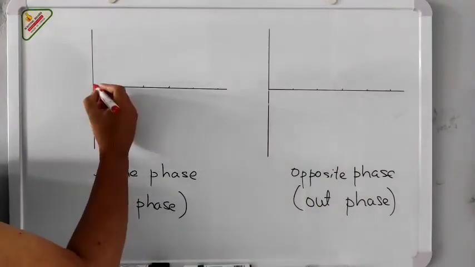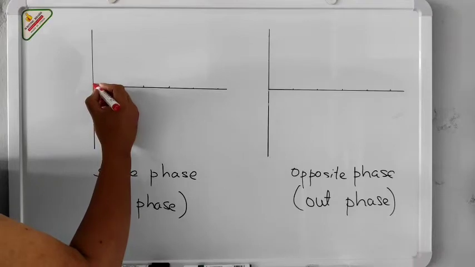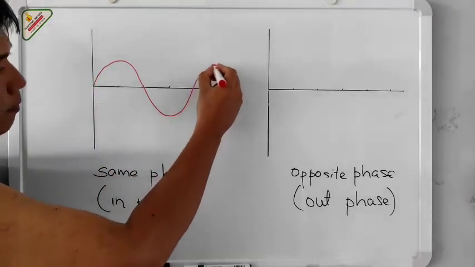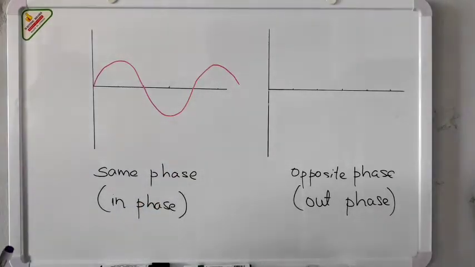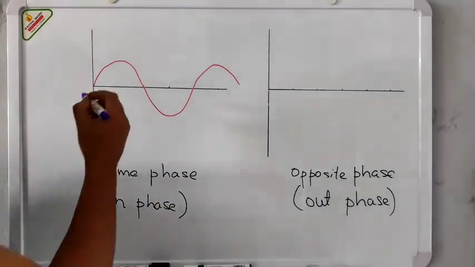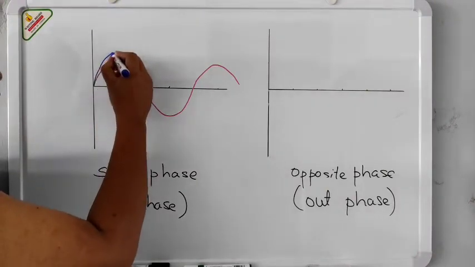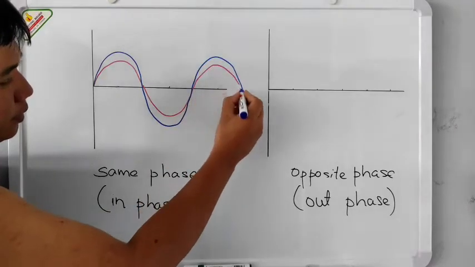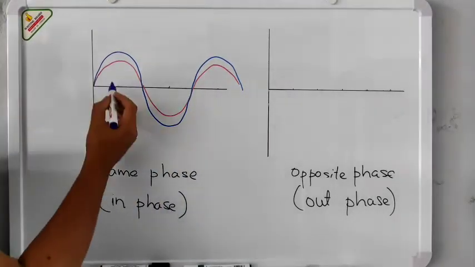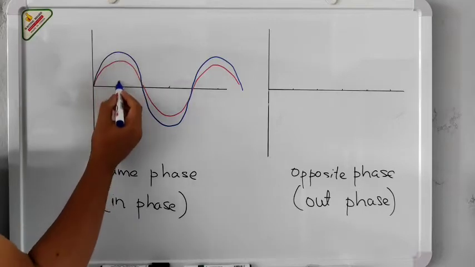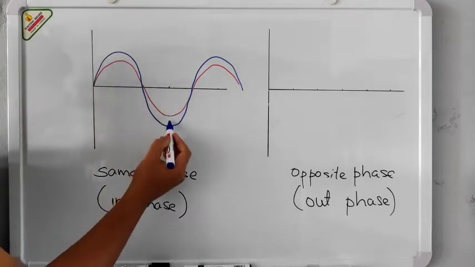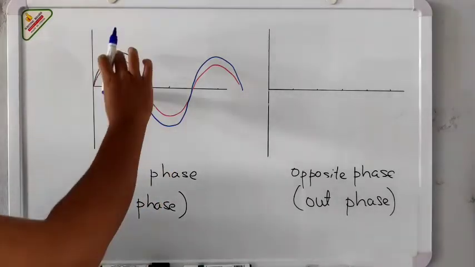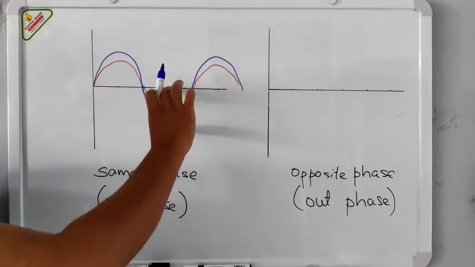Here, let us consider one wave is like this, and another wave, let it be blue. They are in the same phase. In phase means maximum at the same time and minimum at the same time and zero at the same time. This is positive amplitude and this is negative amplitude.